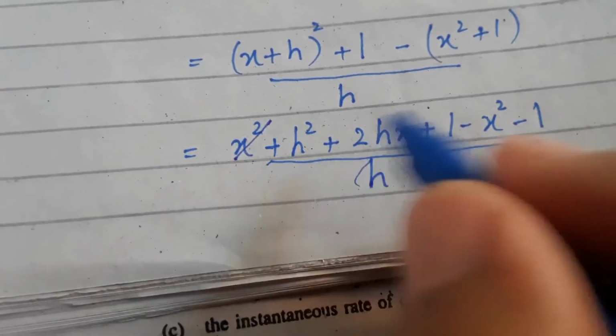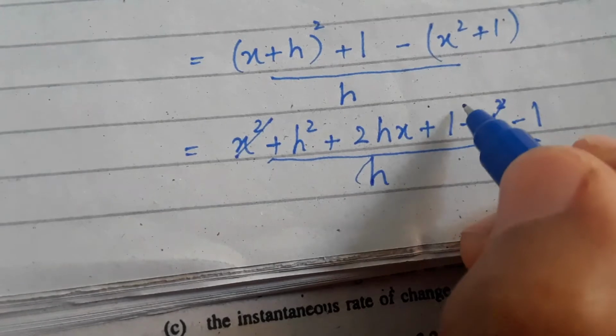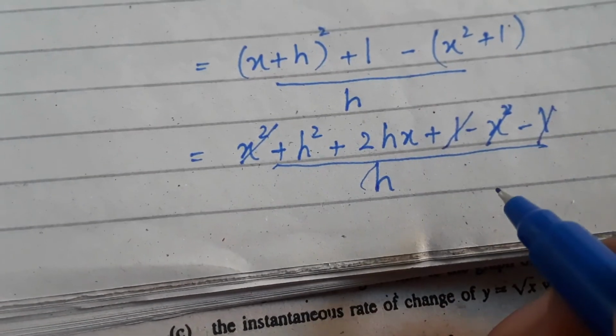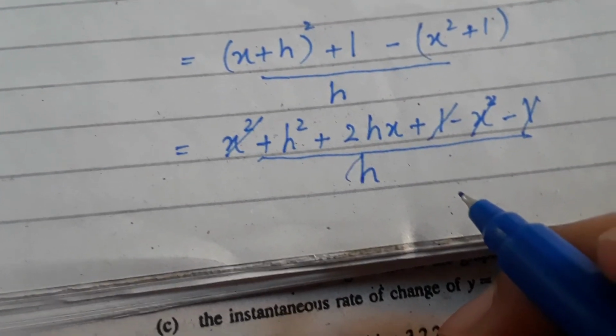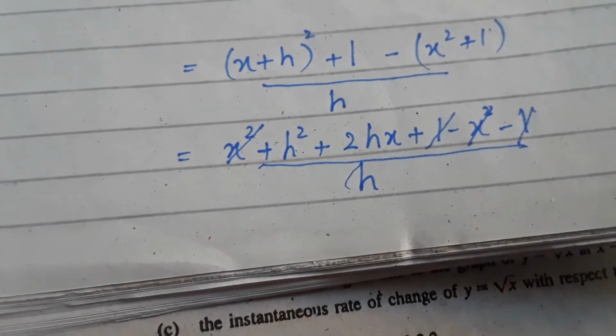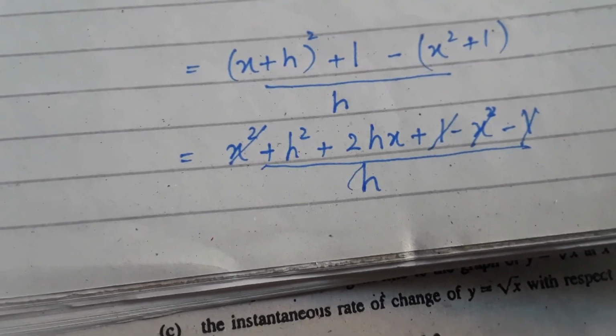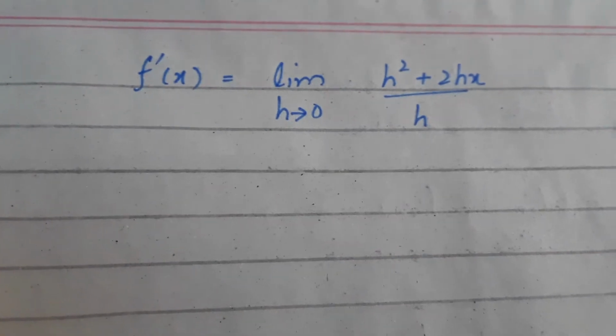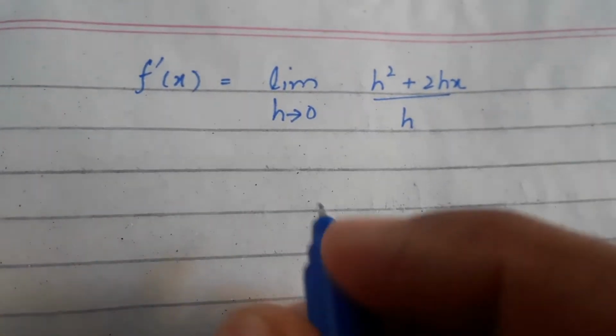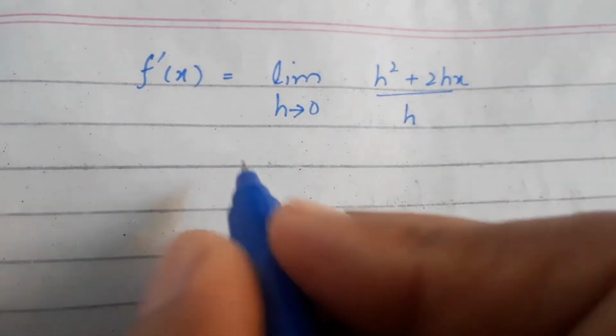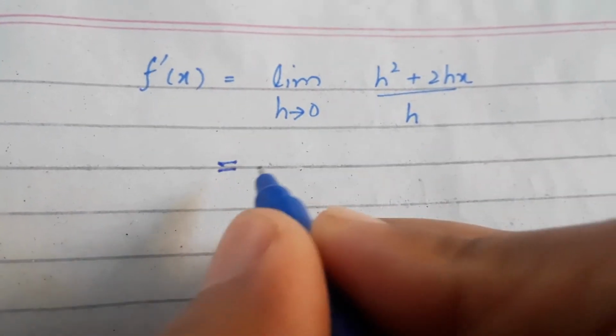So this x squared and x squared, 1 and 1, they will cancel, and I'm left with only h squared plus 2hx divided by h. So this is what I got.